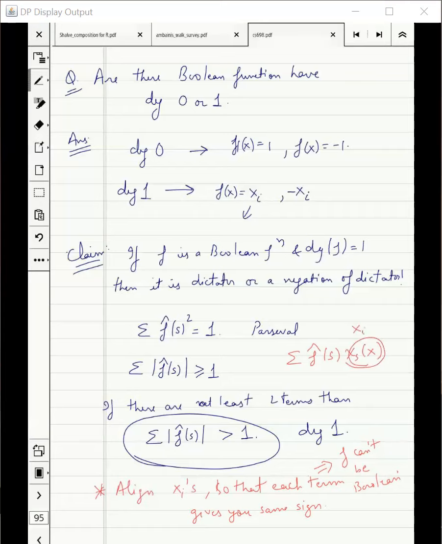I will set xi such that if f at s is negative, I will set xi to be -1. If f at s is positive, I will set xi to be 1. That means this quantity will become the summation of the mod of f at s. This is what I'm saying. Oh, okay, got it. Then you agree? Then this claim is proved. Anyone who has a doubt about this claim?